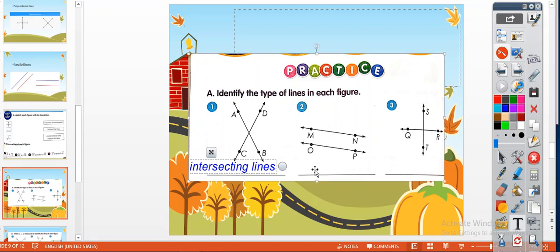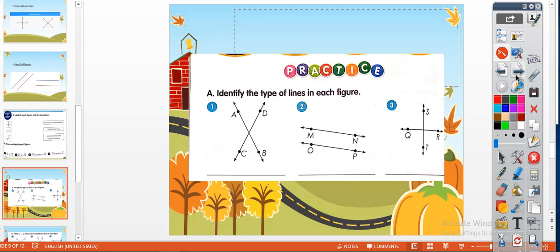Yep, they are parallel lines. And finally, question 3, the lines are, yes, perpendicular lines.